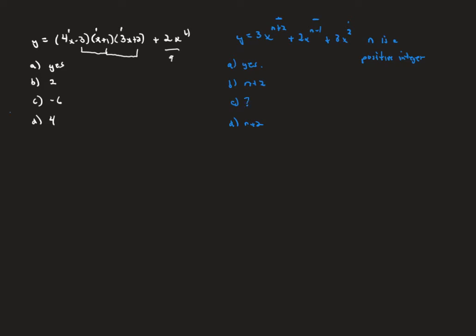If n was equal to 1, then that would make n minus 1 be 0, and the constant would then be 2. So possibly it could be 2, but if n was bigger than 1, and all we know is that it's a positive integer, then there would be no constant at all, or I guess I would say it could be 0. So either it's going to be 2 or 0.